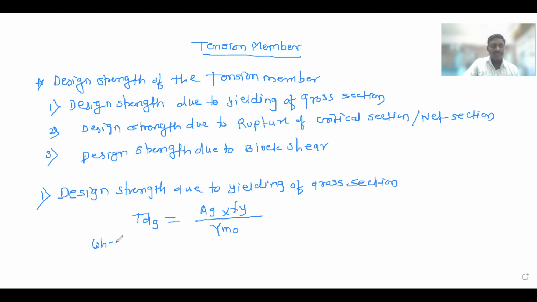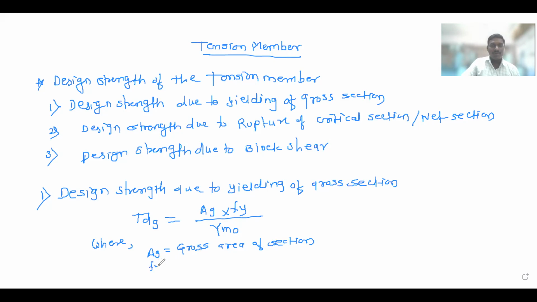So where, what is Ag? Ag is the gross area of the section. So whatever section we are using, the area of that section is nothing but the Ag, gross area.